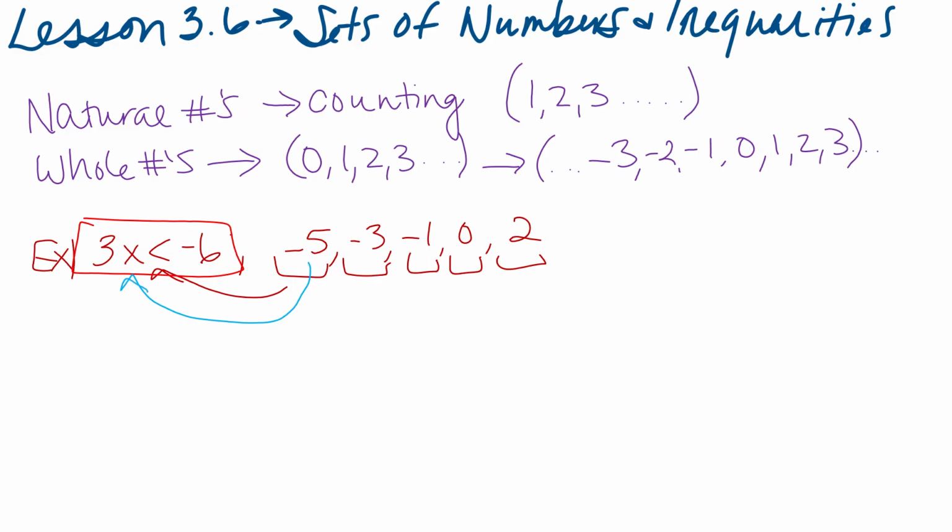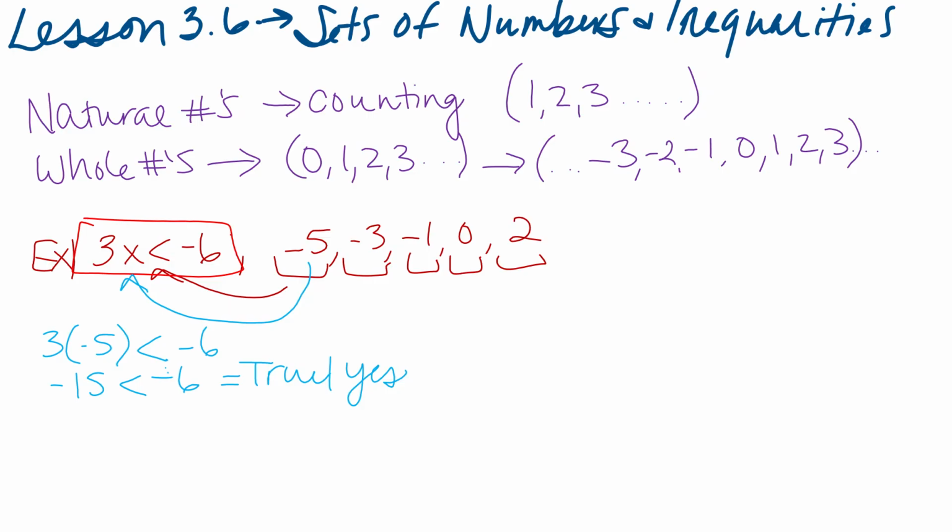So for the first one, I'm going to have 3 times -5 is less than -6, and we're going to find out if this is true. -15 is less than -6. Is that true or false? That is true. Or you could say yes.